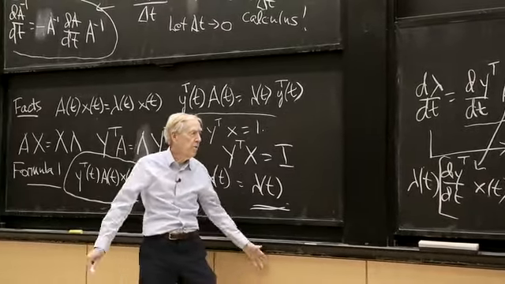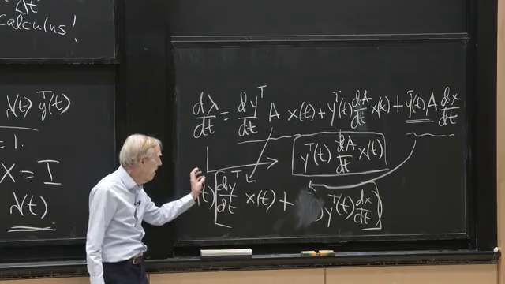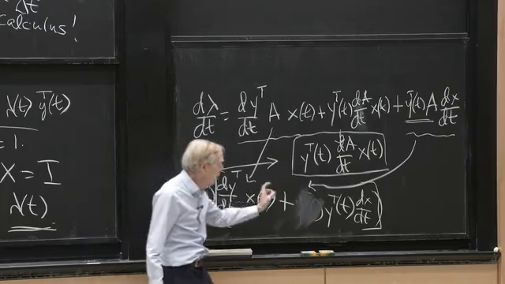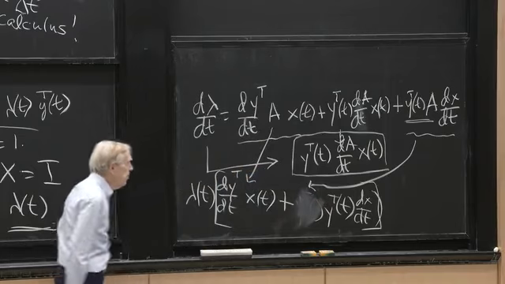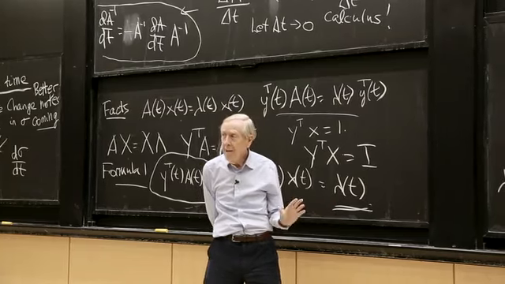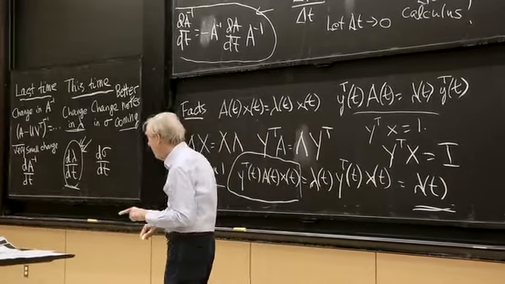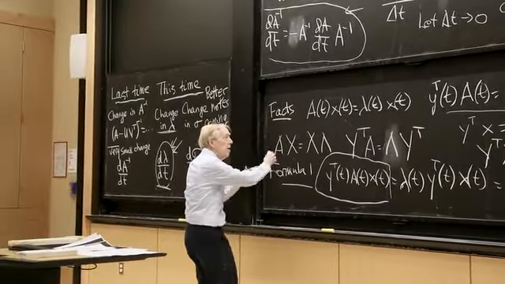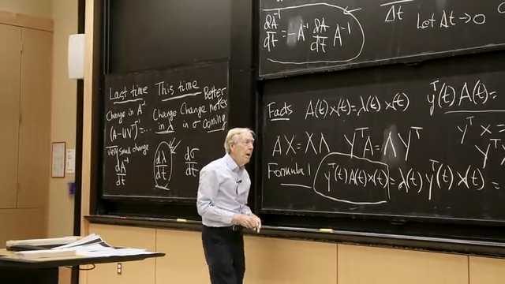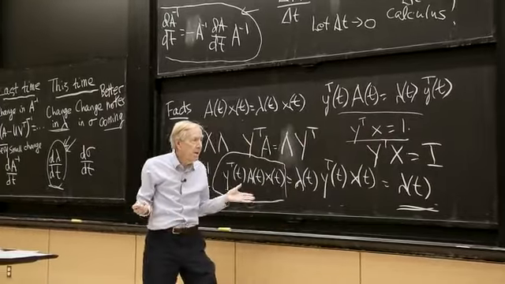So for some wonderful reason, I believe that this number, which is a row times a column, two terms there, I believe they knock each other out, and that result is 0. And why? Because I come back to this board that has all that I know, and here's y transpose times x equal 1, and how does that help me?